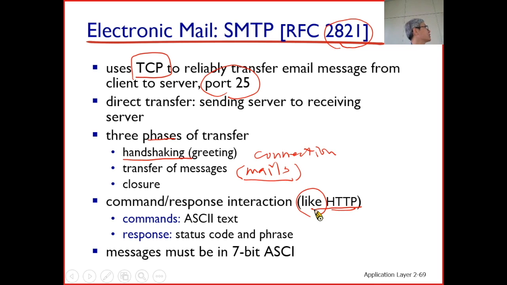Because like HTTP, you can understand commands use ASCII text and the response is similar to HTTP. So we have a status code and meaning by using a simple phrase. So SMTP works like HTTP, but they are not the same because we have other details. So of course, we can have a new standard. You can refer to this RFC.